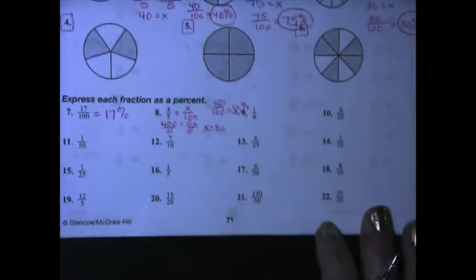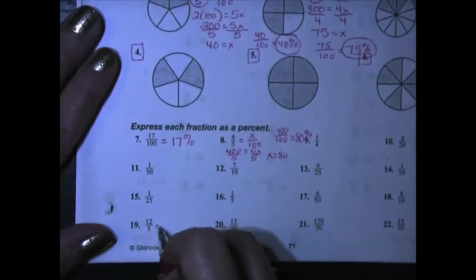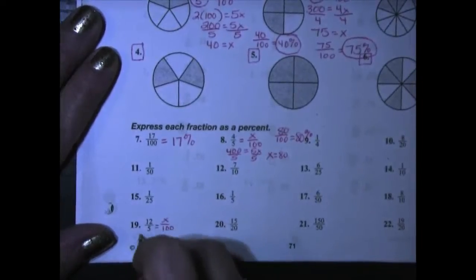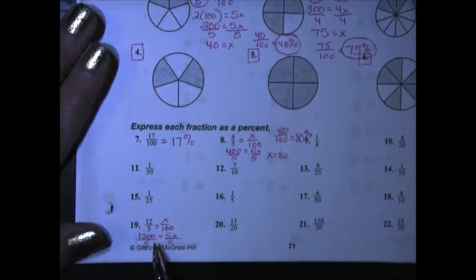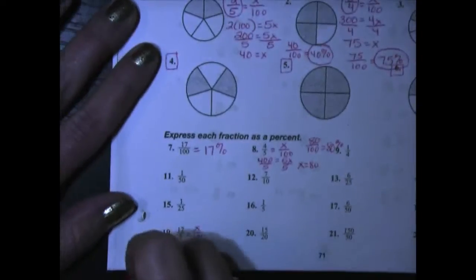Let's take a look at number 19. 19 says 12 over 5, x over 100. 12 times 100 is 1200 equals 5x. We're going to divide by 5, and 1200 divided by 5. We can work that out to the side if we're not sure.